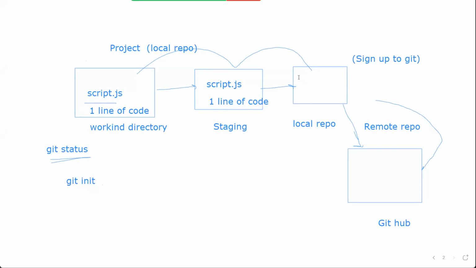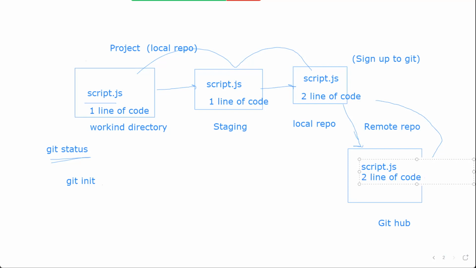Then from here, you push it to the local repo. So this is script.js, there are two lines of code. And from this local repo to the remote repo, again two lines of code.